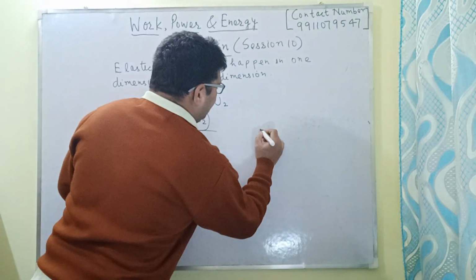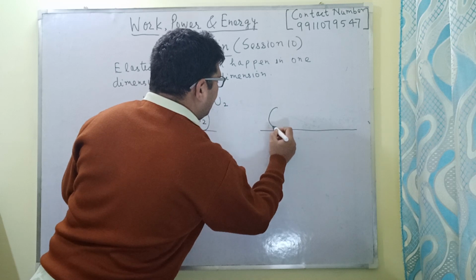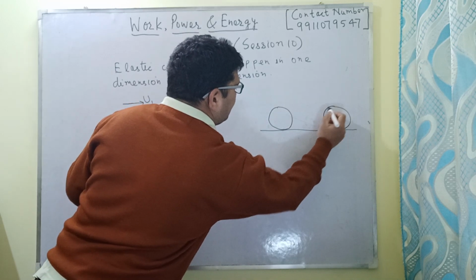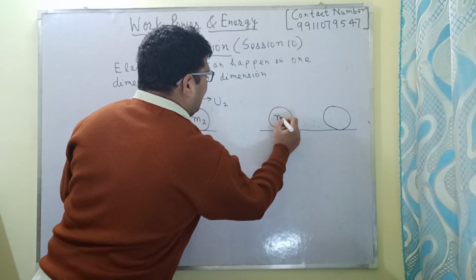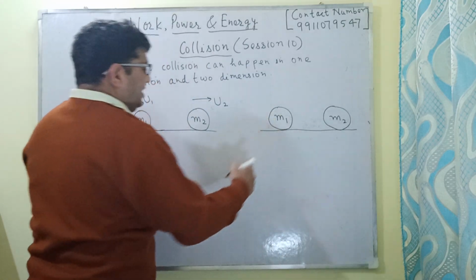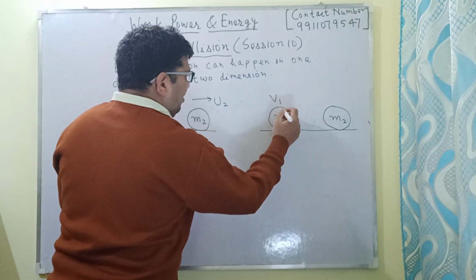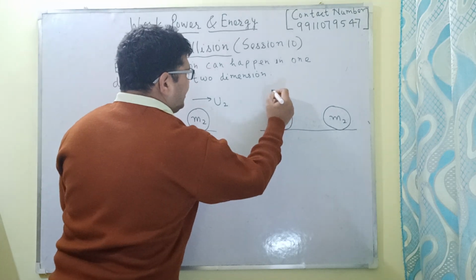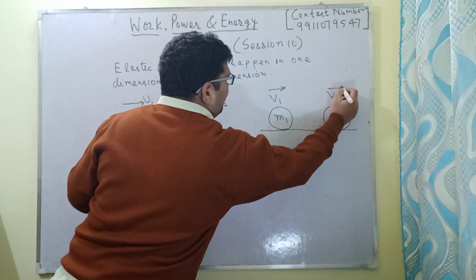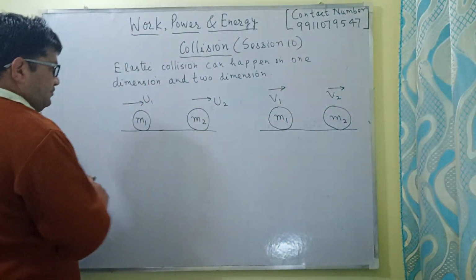Now let us say these two bodies collide, and after the collision, this is the body of mass m1 and this is the body of mass m2. Let us say after the collision, the velocity of mass m1 is v1 and the velocity of mass m2 is v2.